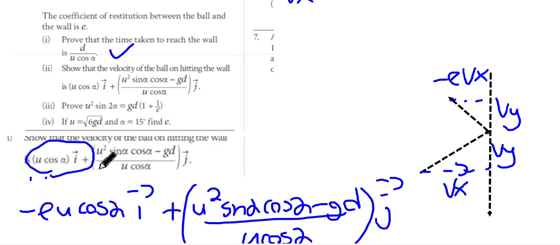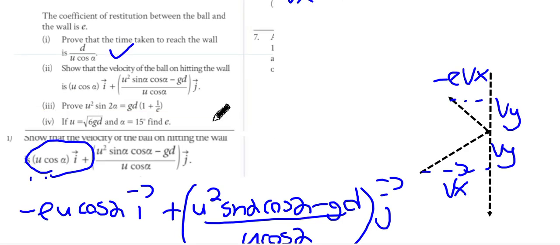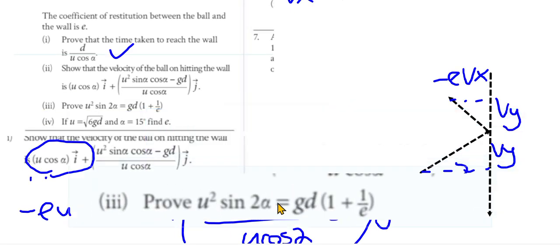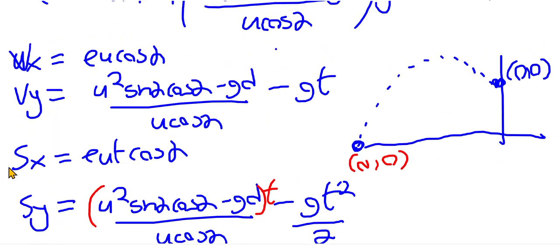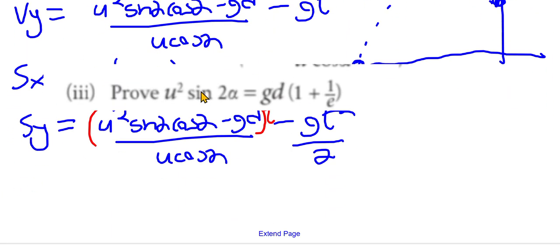So I have an idea. First of all, I have no idea how to do this currently. Just letting you know I'm in the same position you guys are in. But what I'm going to do is use the information I definitely know. And here's the information I definitely know. I definitely know that the Sx distance equals what?